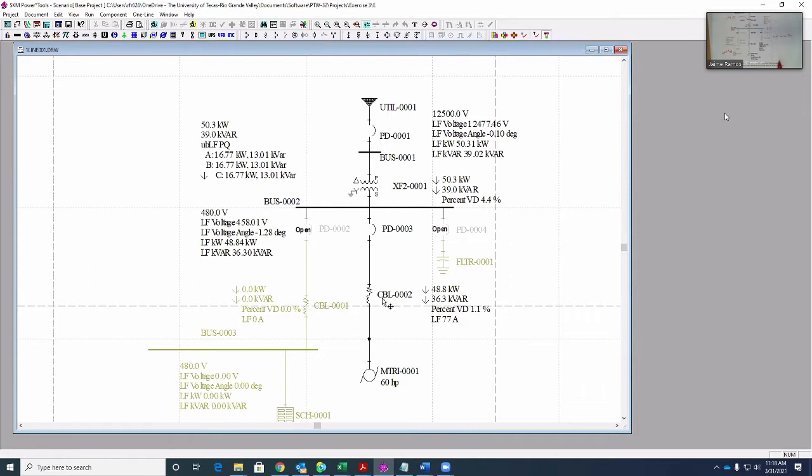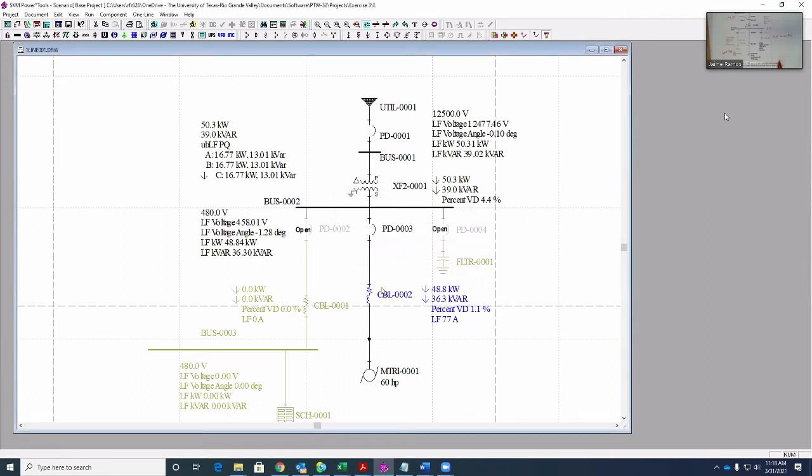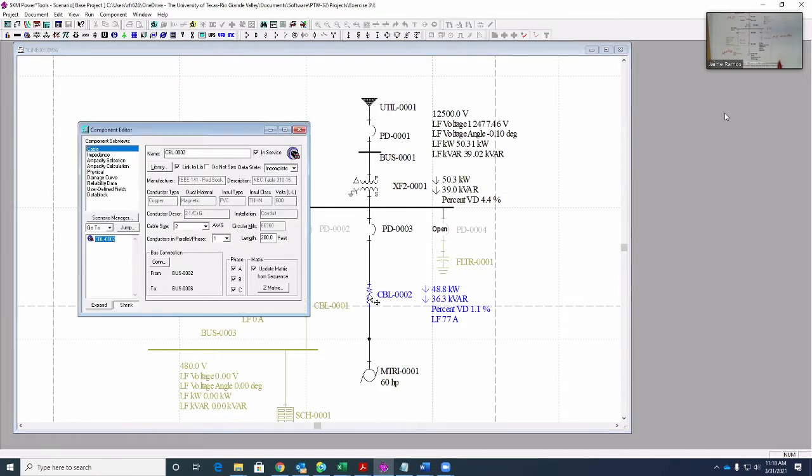So for example, how can I read the data of this cable? If I click on it, that's the name. I want to see the data. If I click on the symbol, yeah, right. So I can open this dialog. So cable. For example, what is the length of the cable? What is the size?